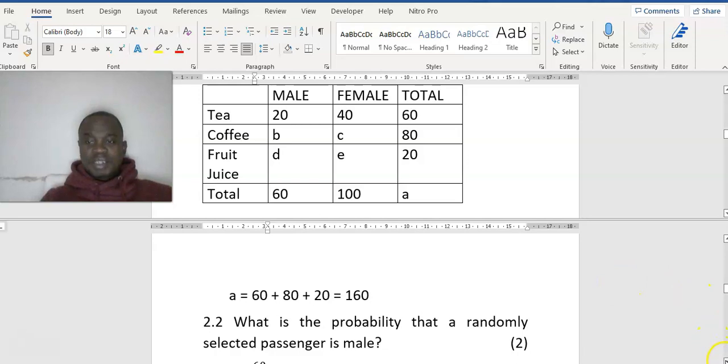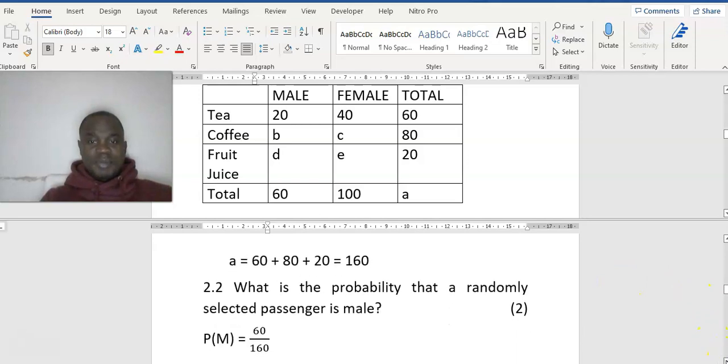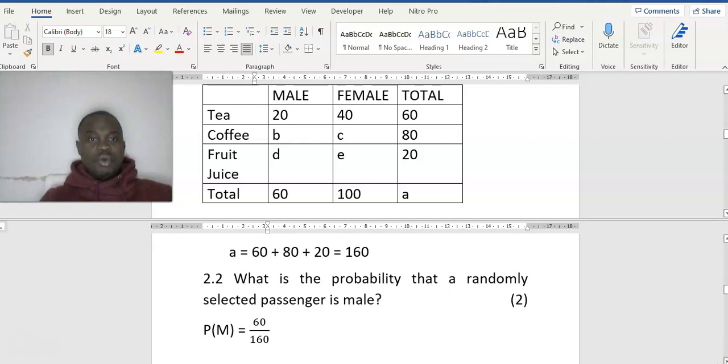Then the next question says, what is the probability that a randomly selected passenger is a male? Where is our male? The total number of males is 60, divided by the grand total, which is A. And A is 160. So it's 60 over 160.